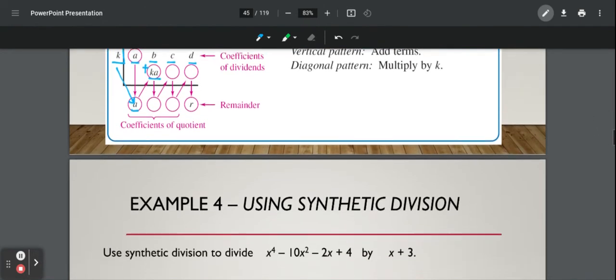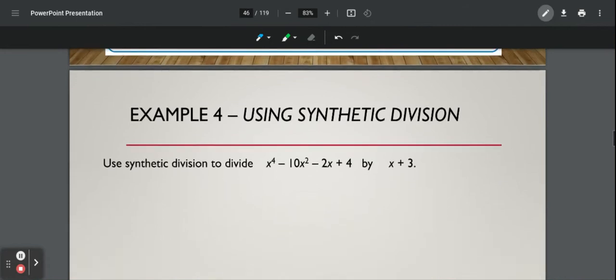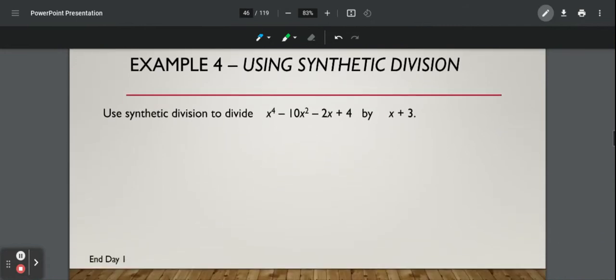So let's do a practice here. Something to remember is that the very last term of your answer for synthetic division is your remainder. So if we're using synthetic division to divide x to the fourth minus 10x squared minus 2x plus 4 by x minus 3, then that would really mean that we're using x equals 3, so in a way you could set the divisor equal to 0.